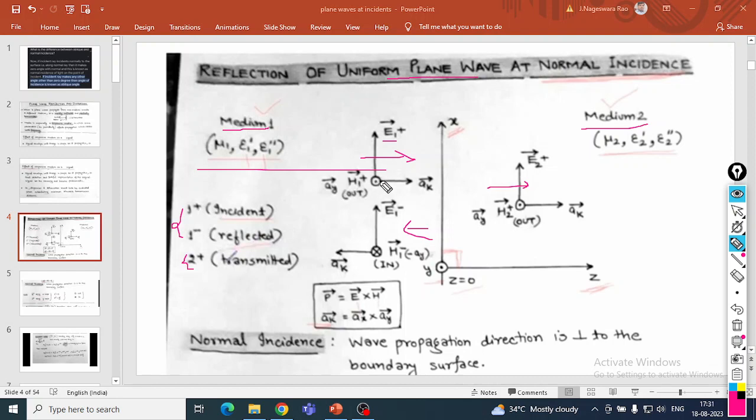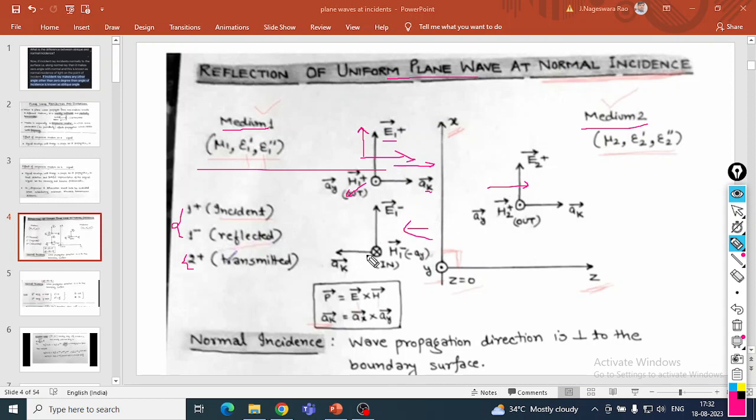As per Fleming's right hand rule, we can decide the directions of wave polarizations. The overall EM signal propagates in the z direction, which we can observe in terms of k. This is the direction of our incident wave propagation; due to the medium, it is partially transmitted and partially reflected.